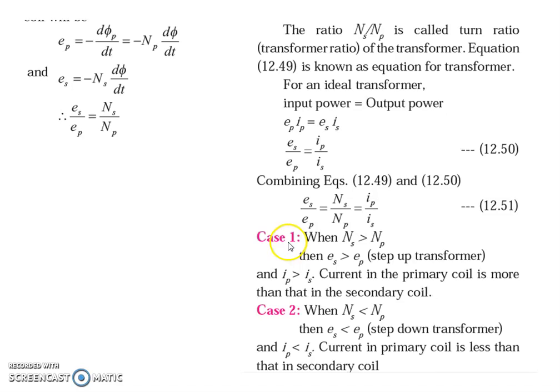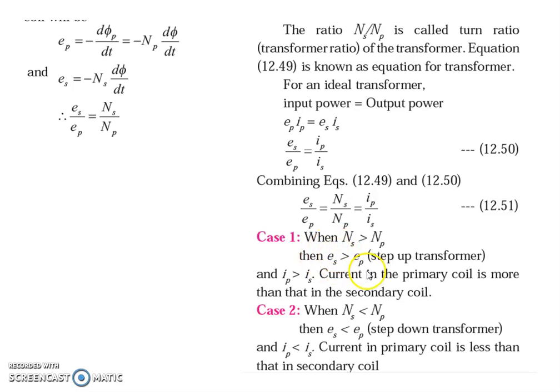Now let us discuss case 1. When Ns is greater than Np, that is, the number of turns in the secondary coil is more than the number of turns in the primary coil, then obviously Es is greater than Ep.